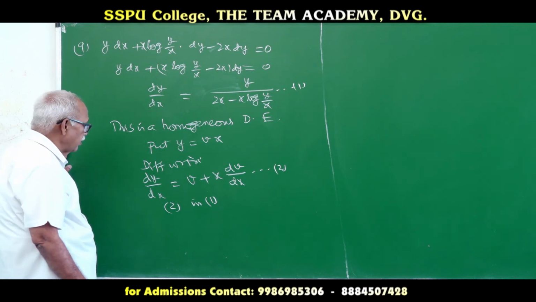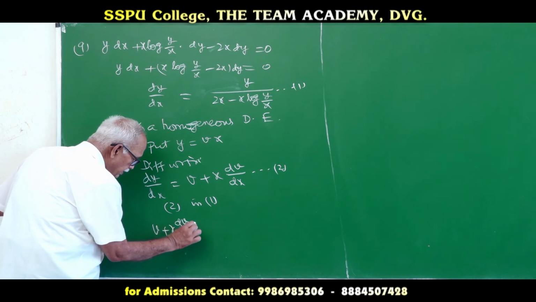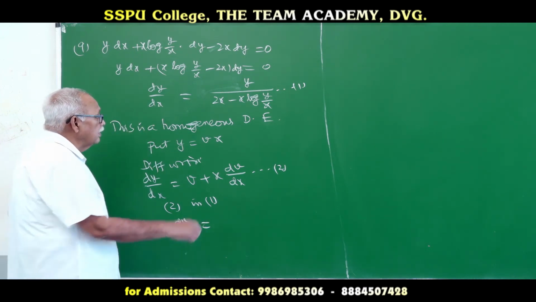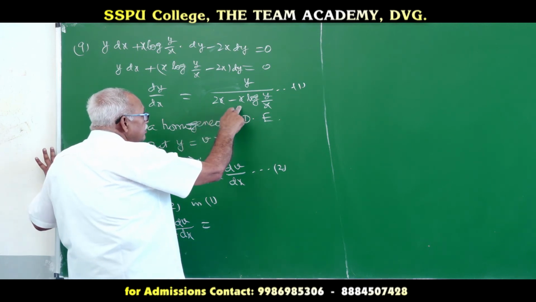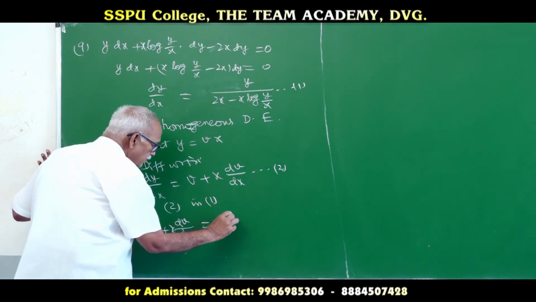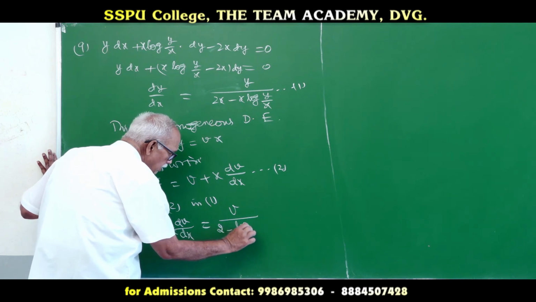Substituting 2 in 1: v plus x dv by dx is equal to, if you divide by x, here v by 2 minus log v.